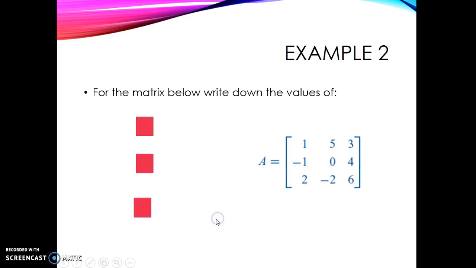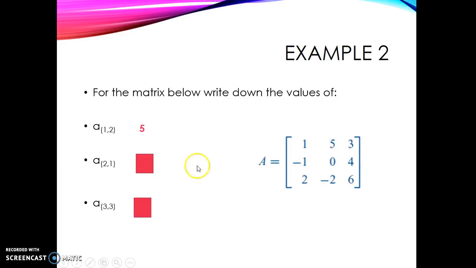In this particular matrix here, we're going to write down the values of A1,2, A2,1, and A3,3. Rows, columns. Row number 1, position number 2, the answer is 5.